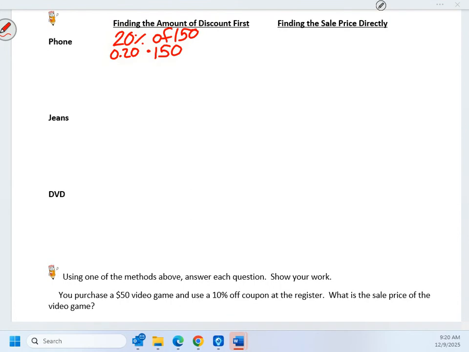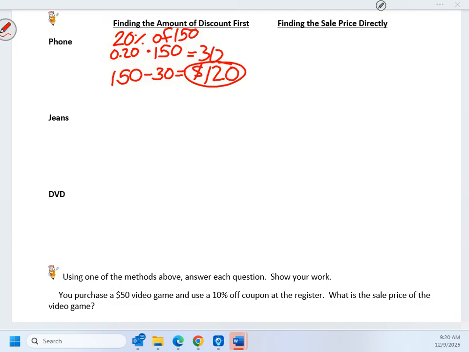So 20% is 0.20. Of means times 150. So 0.20 times 150 is 30. So it's $30 off. So now we have to figure out what our new price would be.